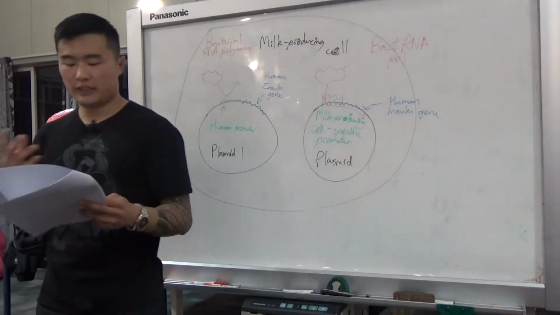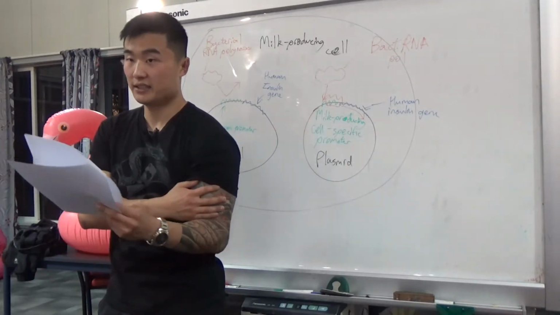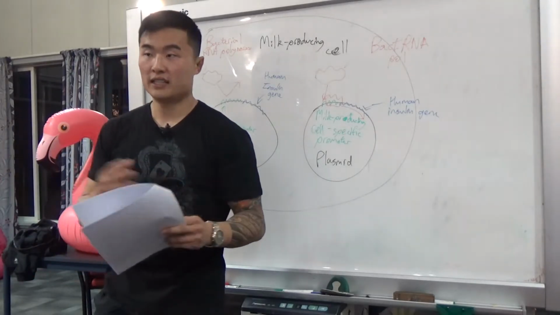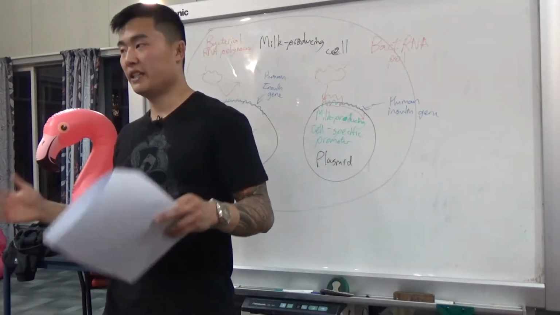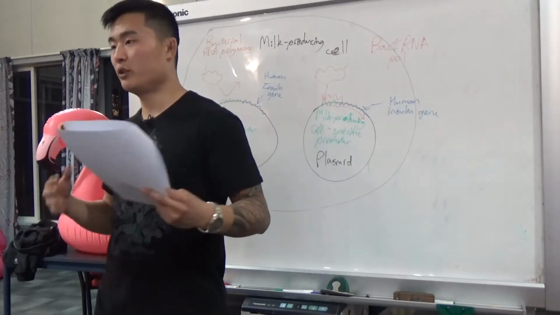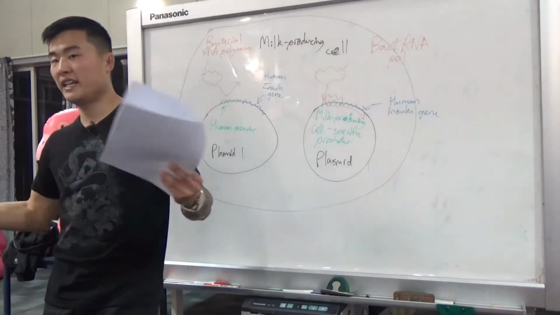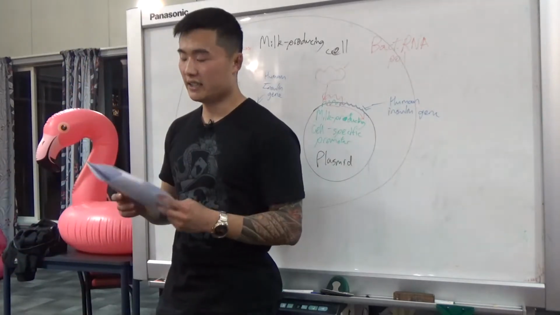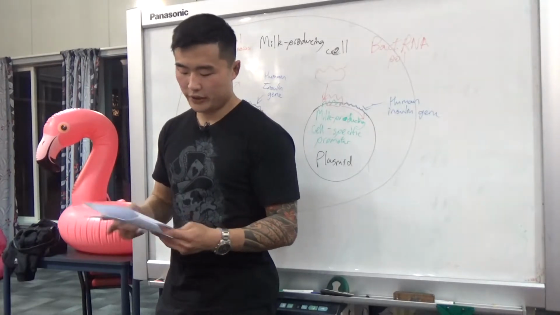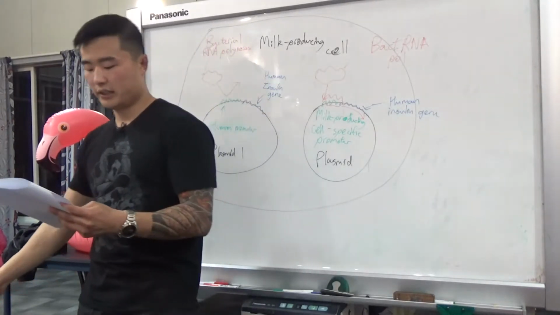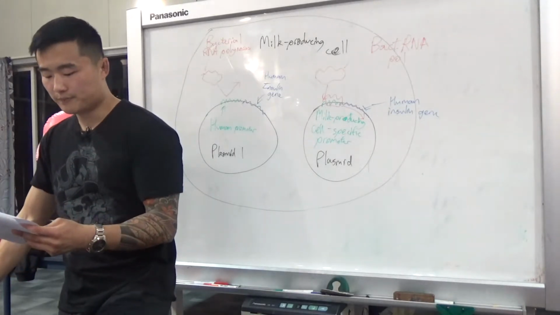But the reason that you can still produce insulin in bacterial cells is because insulin is quite a simple protein. It's only about 50 amino acids long, whereas some proteins can be hundreds or thousands of amino acids long. So the longer they are, the more complex their folding is going to be. That's why you can produce insulin with bacteria, but a lot of the other proteins you can't.